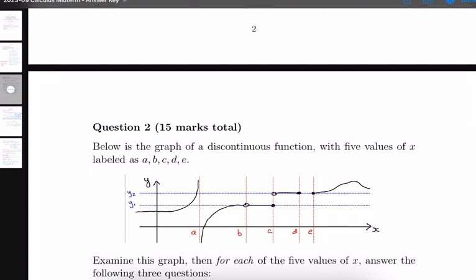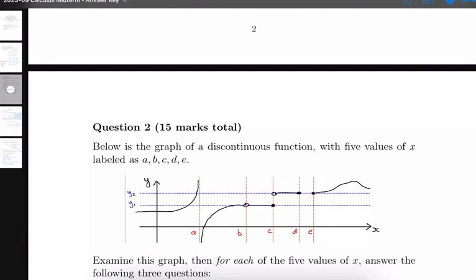When it says, for each of the 5 values of x, answer the following 3 questions. So one of the 5 values is A. So for the value A, which questions will you answer? What are we being asked to answer? The 3 questions, right?